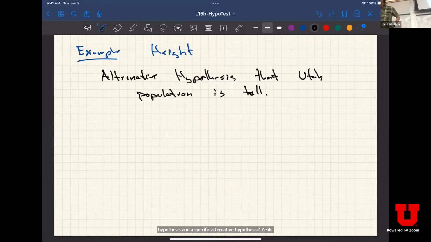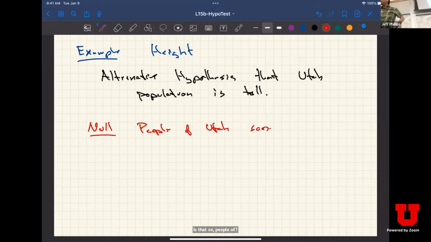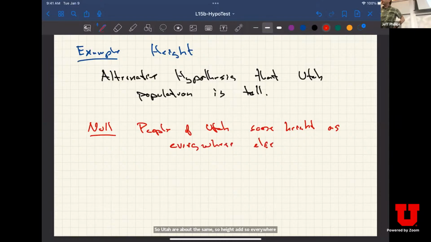Yeah, great. So a good null hypothesis is that people of Utah are about the same height as everywhere else.